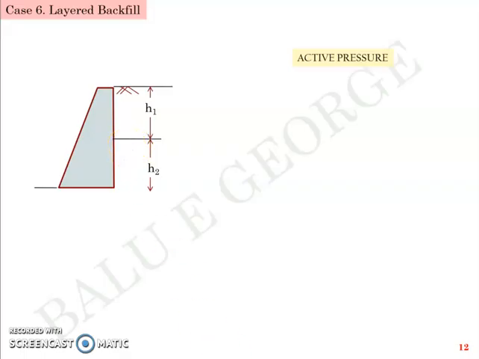So the distribution diagram again starts with 0 at the top, linearly varies up to the interface, reaching a value of Ka1 gamma 1 h1, gamma 1 being the unit weight of the soil in layer 1 and h1 being the height. Now just below that, like we discussed earlier, gamma 1 h1 will act as a surcharge.